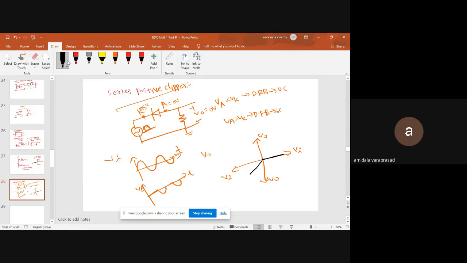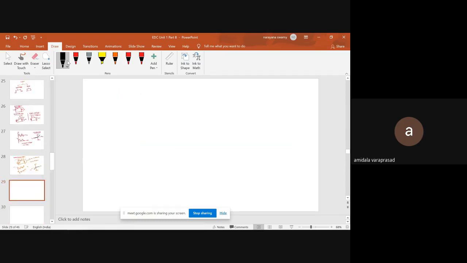Shunt. Here, diode and this. So you see the operation. This is anode.